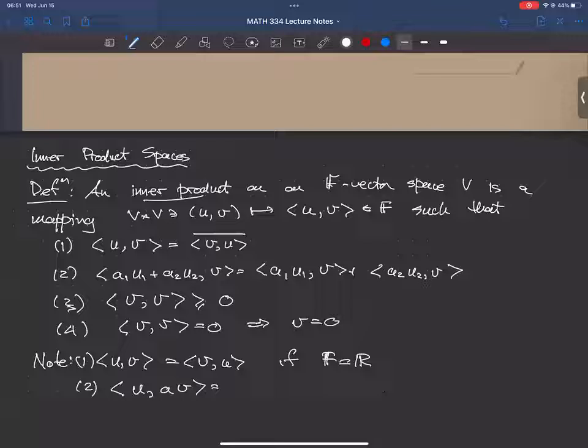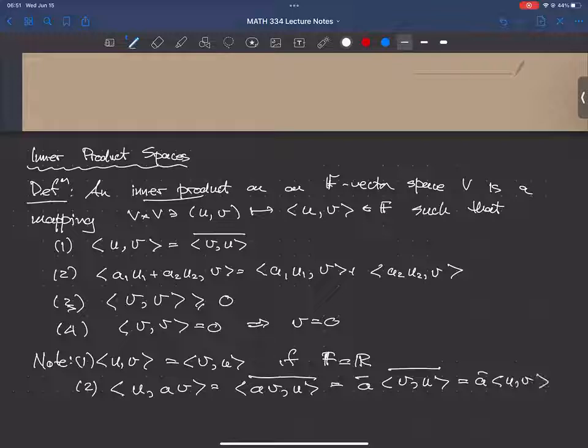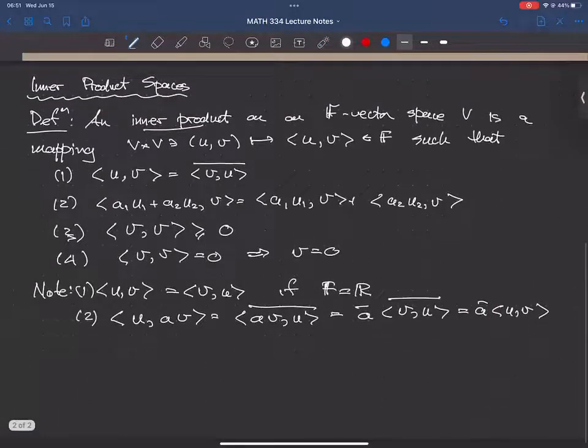Well, in the second entry, okay, so when you swap the entries, you get that. And then by the second property of inner products, this is so and so. Okay, so in the second entry, you don't quite have linearity. You have what's sometimes called sesquilinearity. And so this is linearity in the real case, but in the complex case, not necessarily.